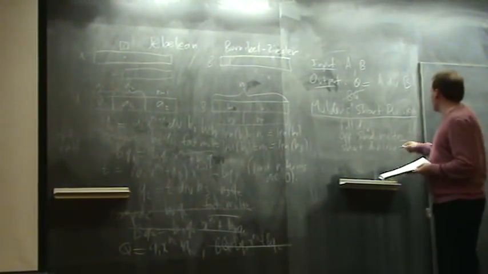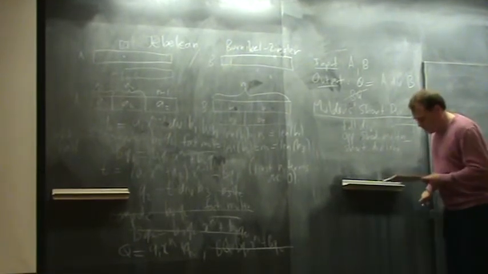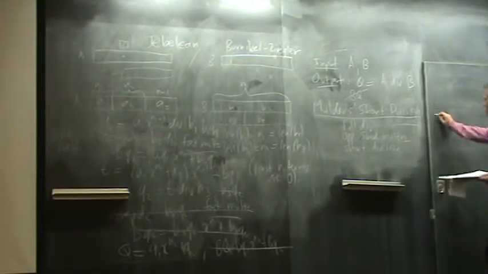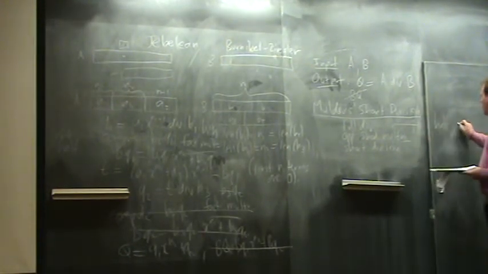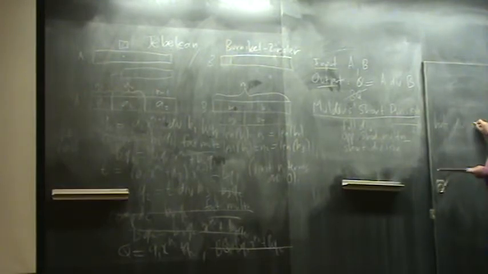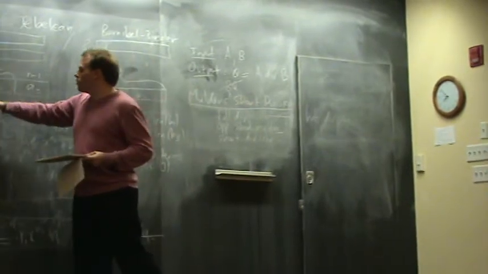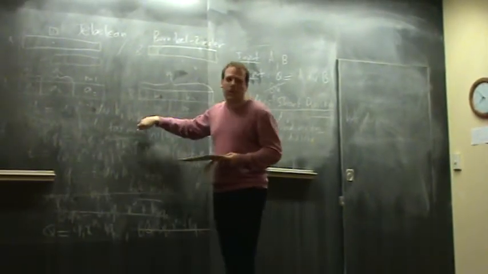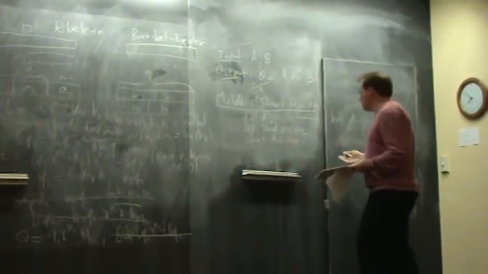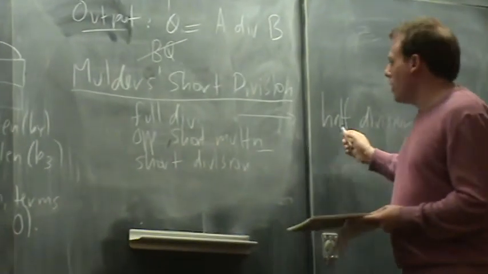What I replace this with, try not to fall off here, what I call half division, which is essentially where you return the quotient and only half of this product that you would normally get, the top half of that product.